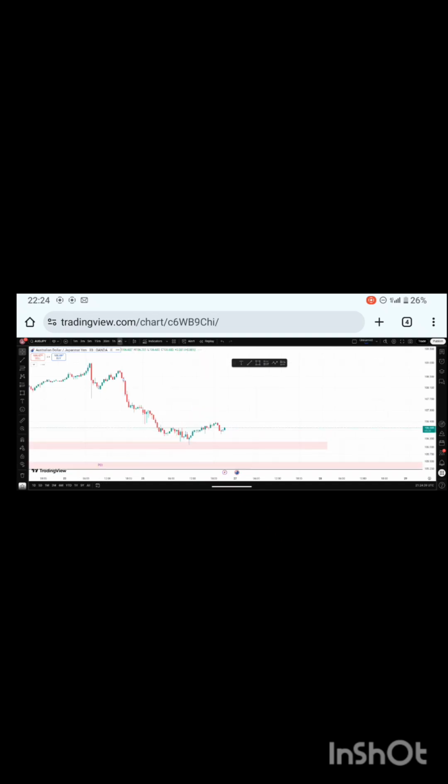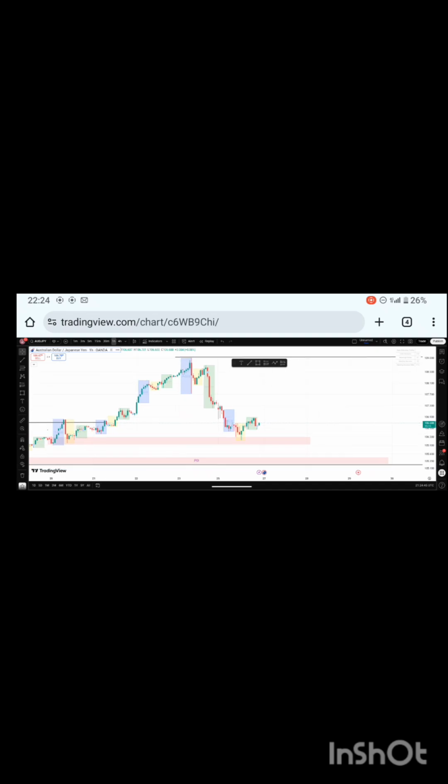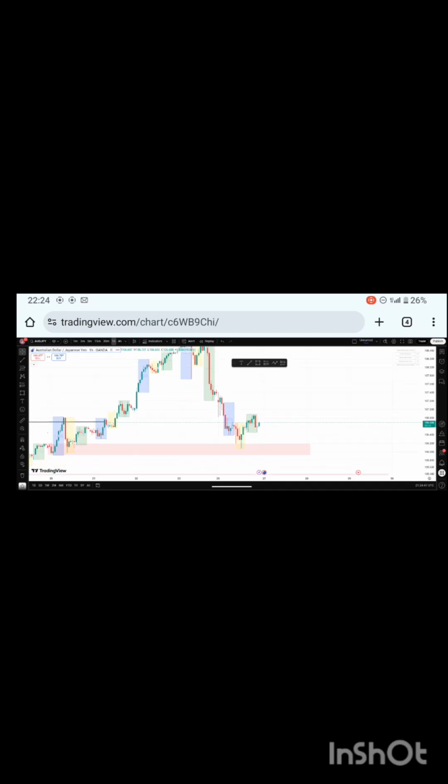But it seems it's been mitigated. Let's go down to the 1-hour time frame and see what we have there. On the 1-hour time frame, it seems it's been mitigated, but I can clearly see that it is not mitigated.